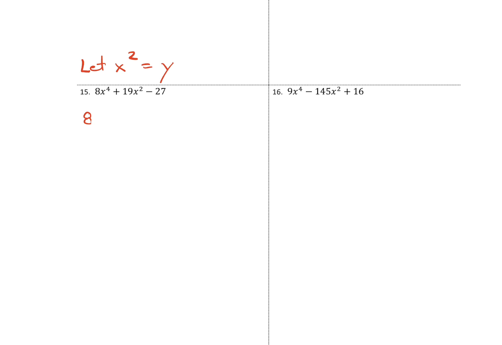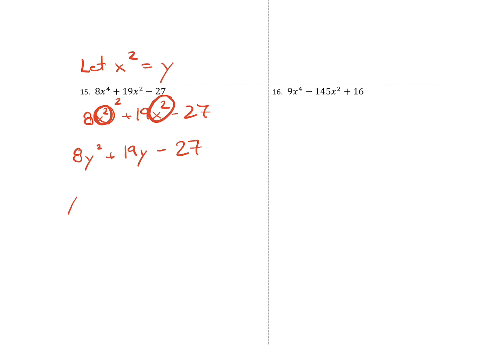We'll just say let x squared equal y. So now you have x squared squared plus 19x squared minus 27. Anywhere you see an x squared, you can replace it with the letter y. So now you have 8y squared plus 19y minus 27. I've subbed y for that, and I've subbed y for that.